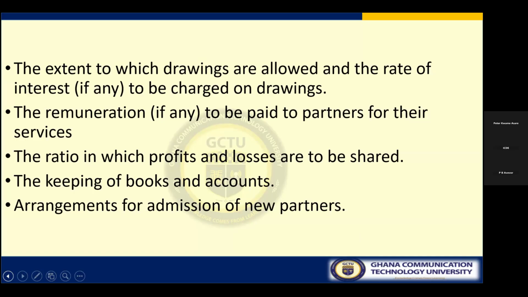The remuneration, if any, to be paid to partners for their services. You know, we have different types of partners. We have the active partner, the quasi partner, the dormant partner, or the sleeping partner. So which type of partner have you opted to be?